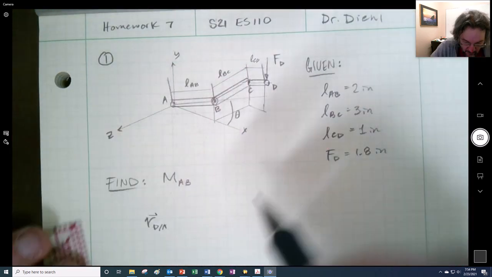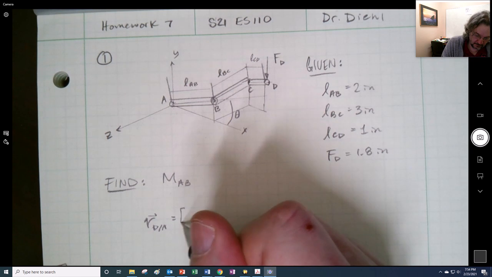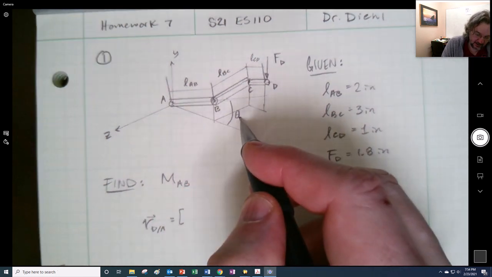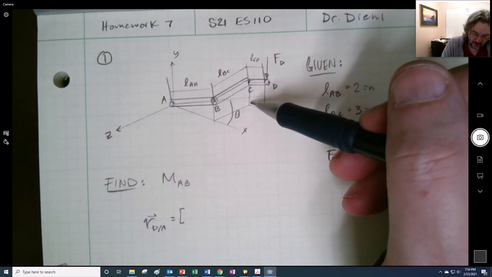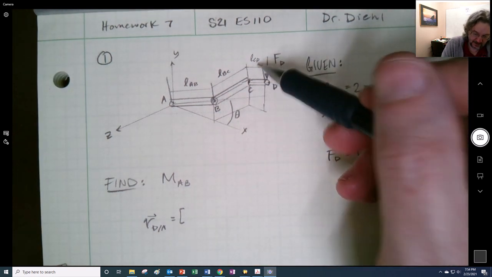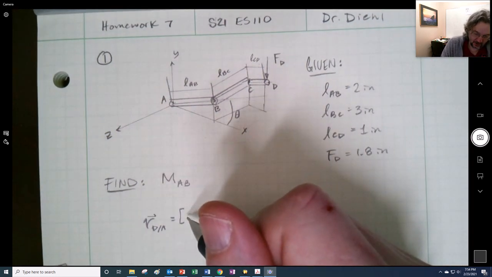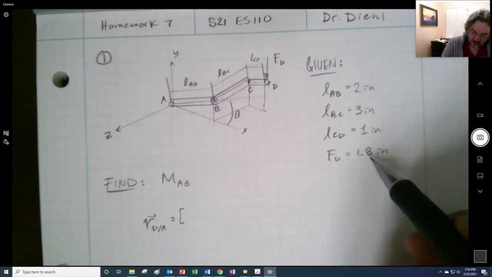Okay, so in the x direction, we're going to have LAB times the cosine of theta, and we're also going to have LCD times the cosine of theta, right? So really it's going to be LAB plus LCD times the cosine of theta.